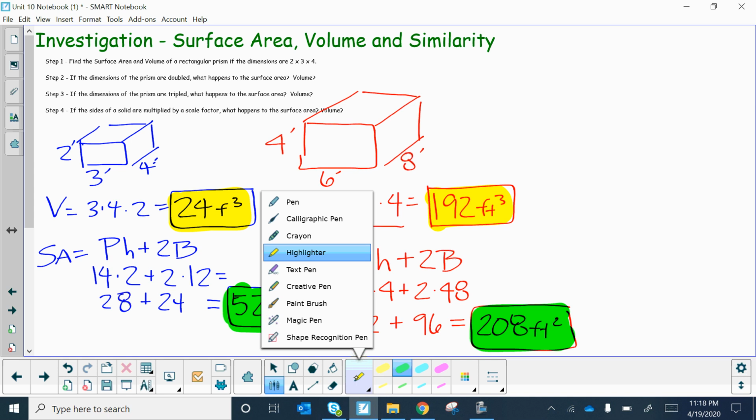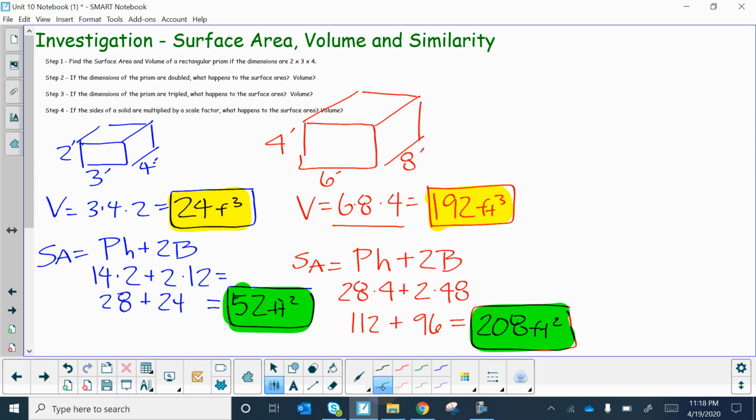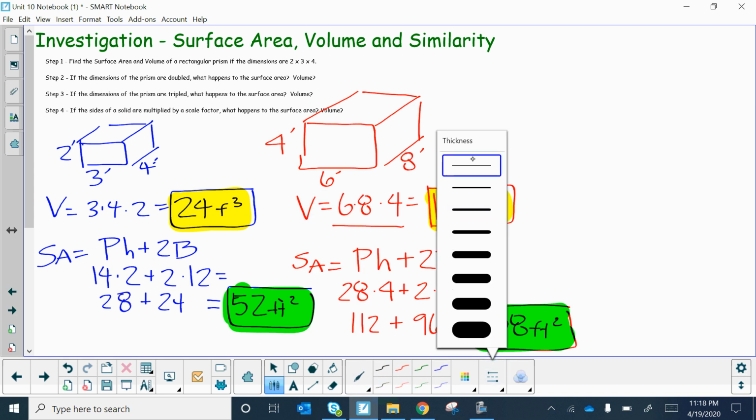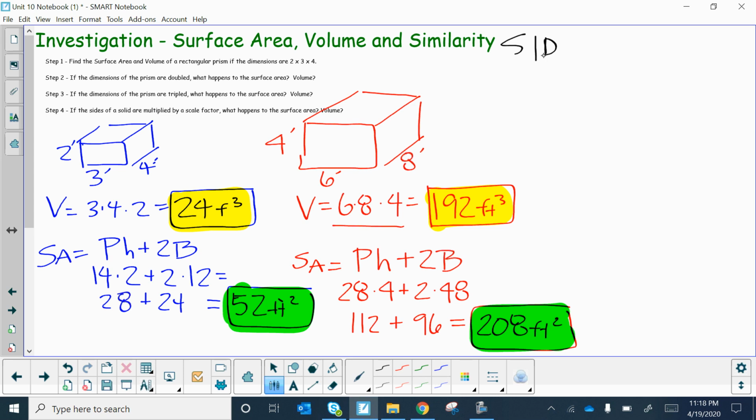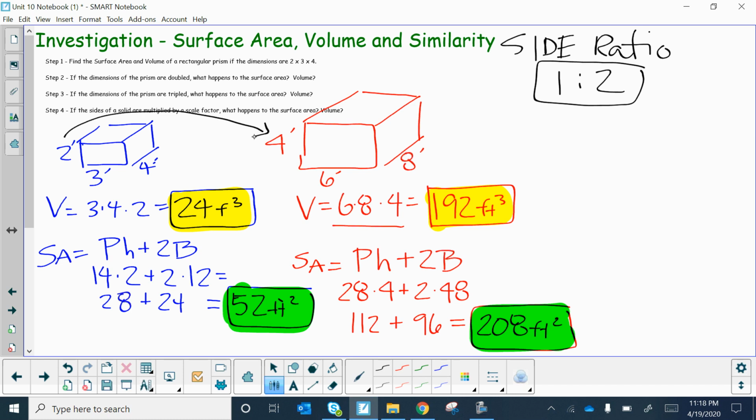So let's start off by writing the side ratio, okay? The side ratio, I'll put way at the top. The side ratio is 1 to 2, okay? Because that's what happened to all the sides. The sides got doubled, okay? 2 to 4, that's 1 to 2, okay? 3 to 6, 4 to 8, 1 to 2.